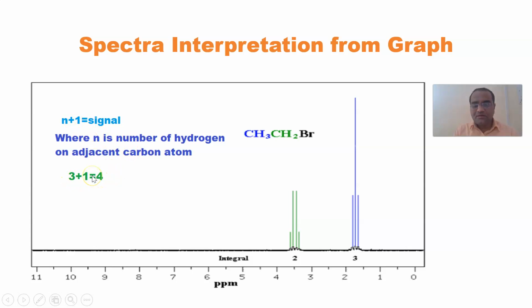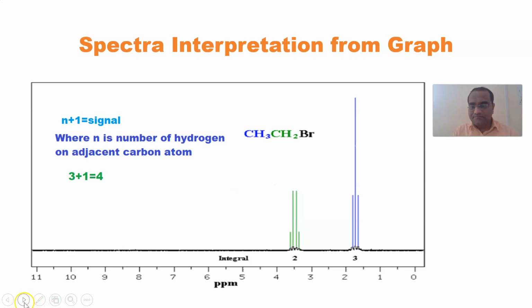As per the rule it is only n plus 1, so there is no need to consider how many hydrogens it has on its own. We need to see only how many are on the adjacent carbon. Here on the adjacent it is 3, so we take n as 3 and we get a quartet signal.